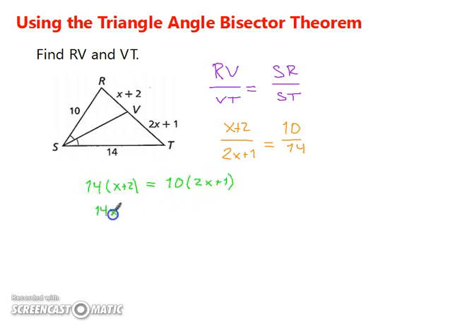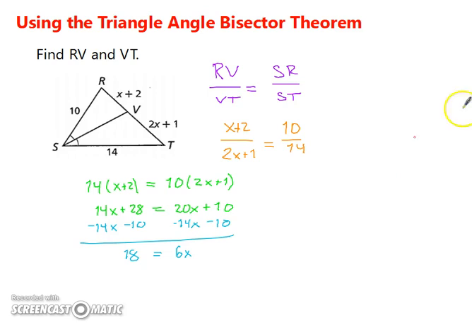So we have 14x plus 28 equals 20x plus 10. Now let's start getting x by itself. Let's move x all over to the same side of the equation, and then subtract 10. So we subtract 14x from both sides, and we subtract 10 from both sides. When we do so, we end up with 18 equals 6x. Now we can simply divide by 6 on both sides and get that x equals 3.